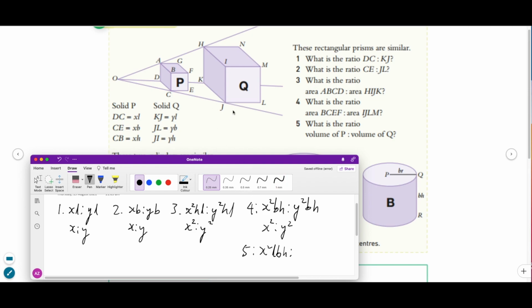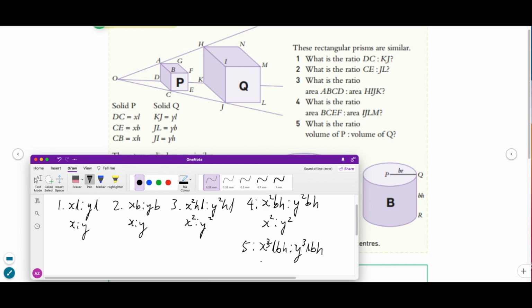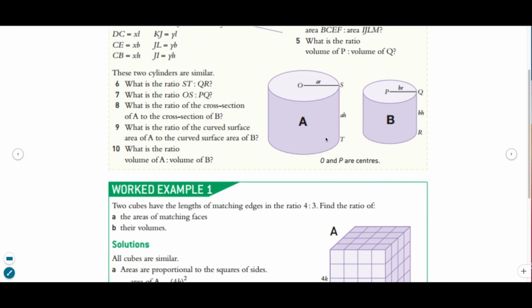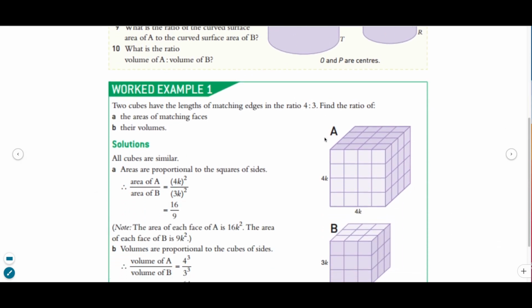And if you multiply these three sides, you get Y cubed LBH. And you divide both sides by LBH, you get X cubed to Y cubed, right? So here I'm just proving to you that the ratio of the volume should be X cubed to Y cubed. And that's something you probably would have expected, okay?